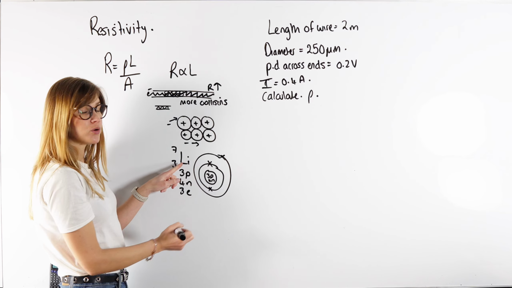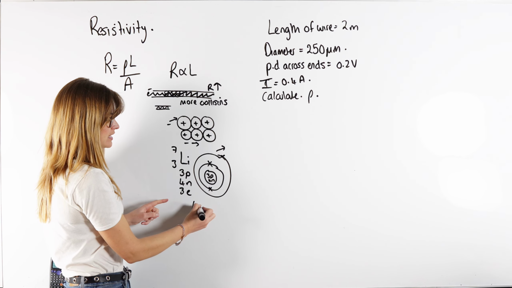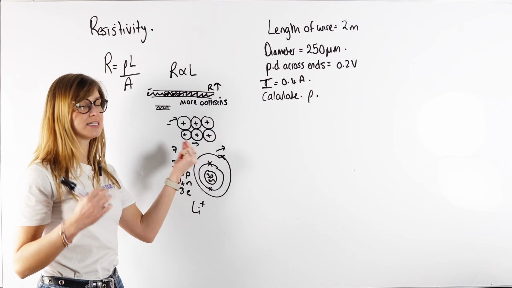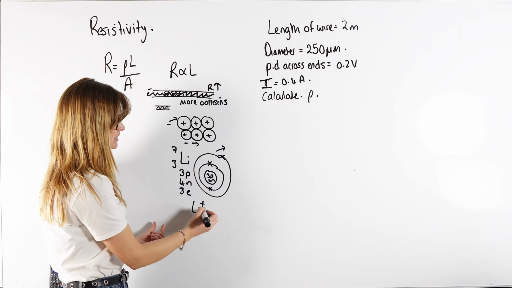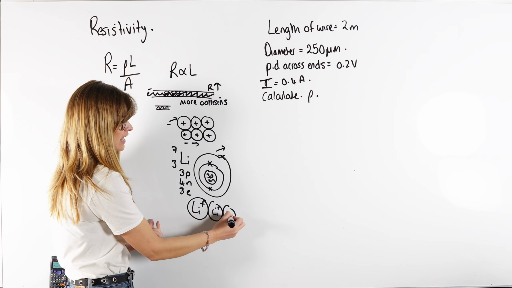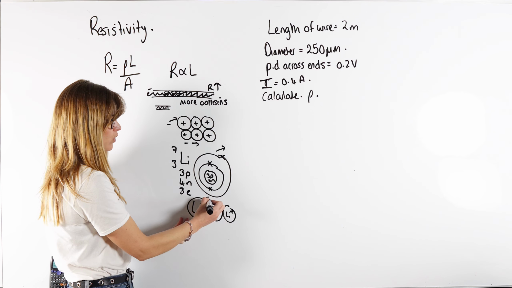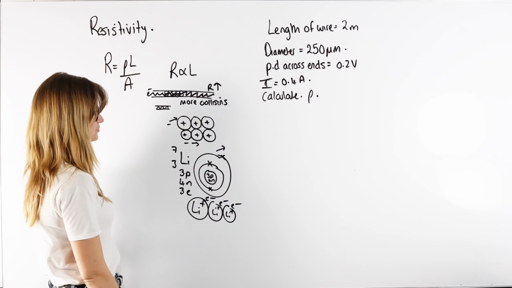Lithium, to become stable, is going to lose that outer shell electron. So we get left with lithium positive ions because we lose a negative electron. If we get rid of something negative, we become more positive. So you can see what this metallic bond would look like: we've got our lithium positive ions, and every lithium positive ion gave away 1 free electron that is free to move and carry that charge.